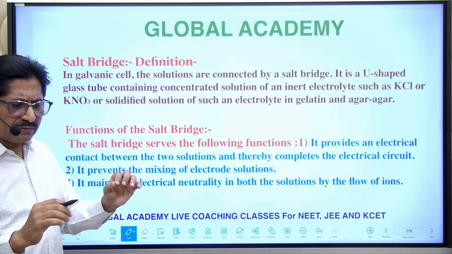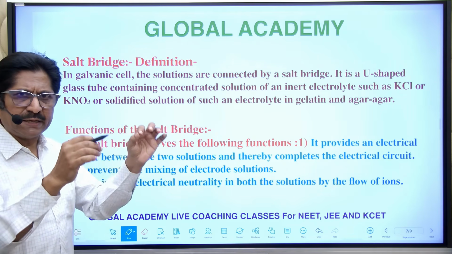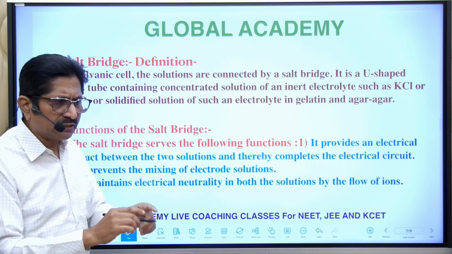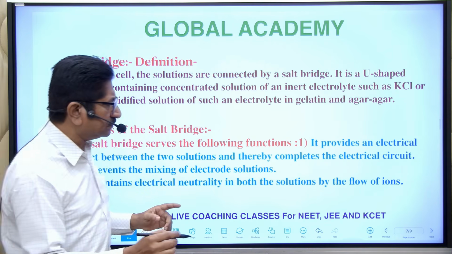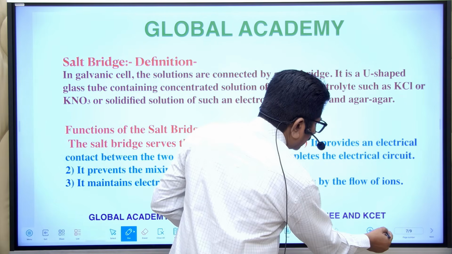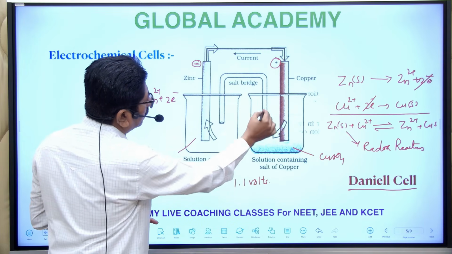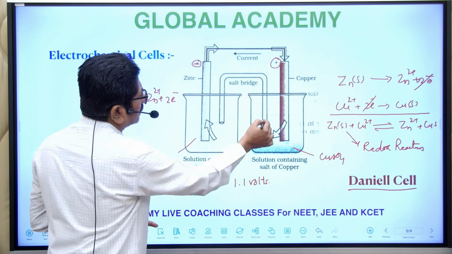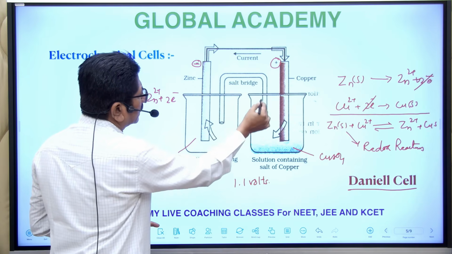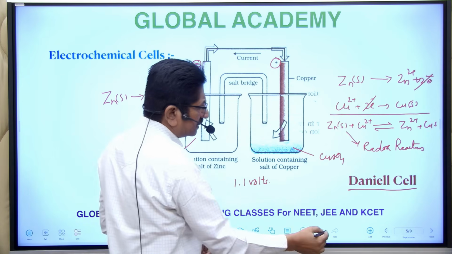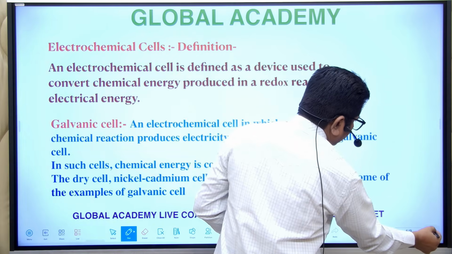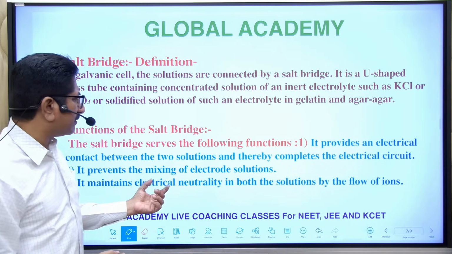The electric current will be produced only after dipping the salt bridge, when the two solutions are connected. If you see the figure, when the two solutions are connected by this, only then is an electric current generated. Otherwise, absolutely no electric current is generated, and that is the first.